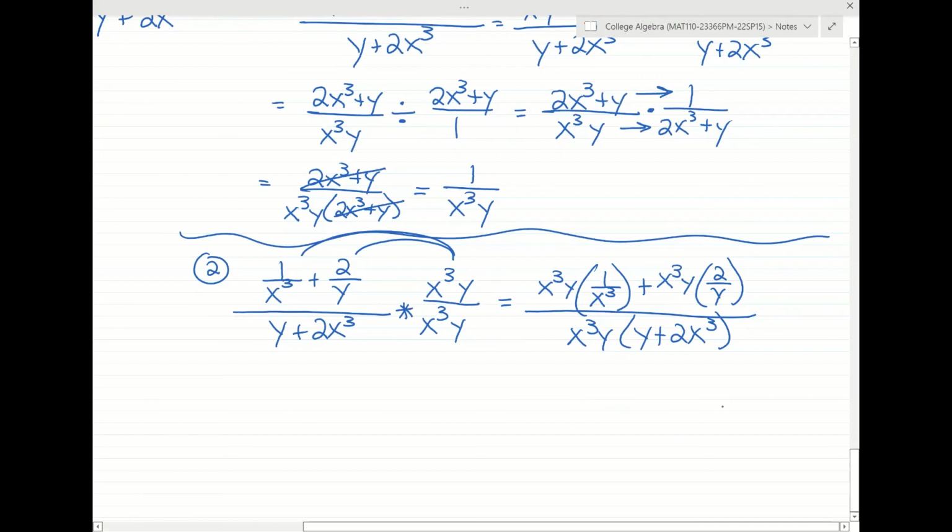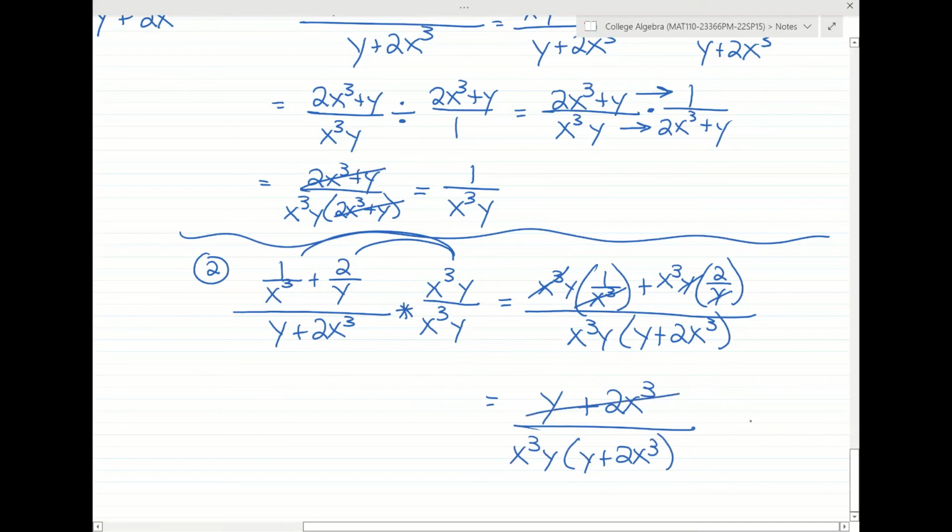What winds up happening is this cancels with this. You just get y plus, the y's cancel, 2x to the third. The denominator, we just have an x to the third y times y plus 2x to the third. Same thing as we had before. We get 1 over x to the third.